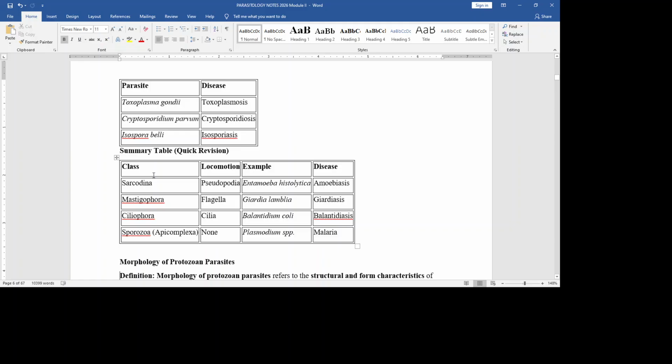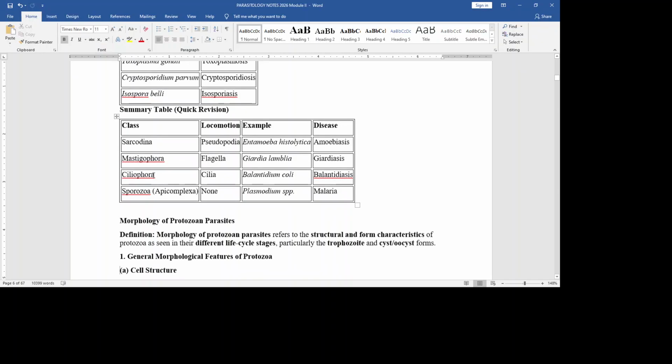And this summary, or this synopsis, gives the key characteristics for each group, and they differentiate each group from the other.